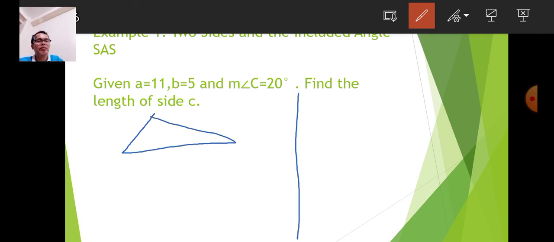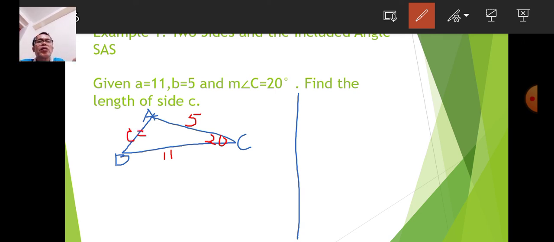If this is A, this is B, and this is C, where we're given that A is 11, B is 5, and angle C is 20, and we are told to find side C. So this is side C.